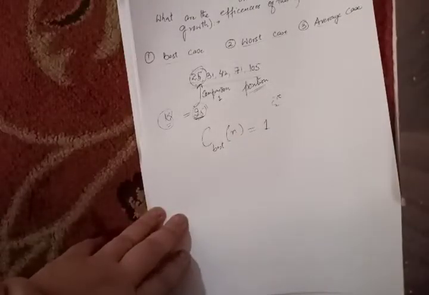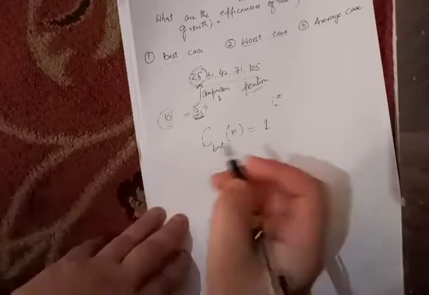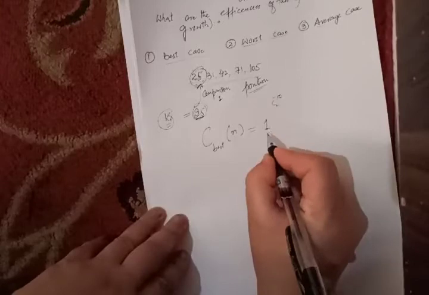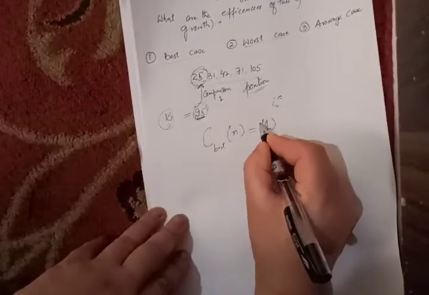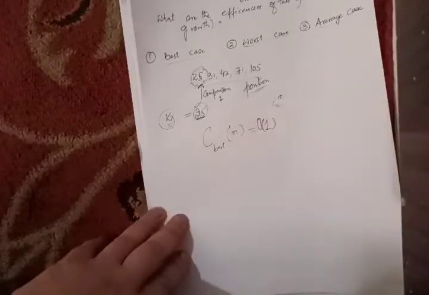That means when you have to perform one comparison, or just a few comparisons, we say the best case time efficiency of that algorithm on input size n is equal to 1. It is usually written by this notation. Why we write it like this, I will tell you in the next lecture.